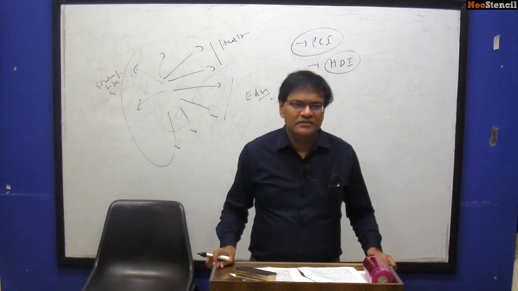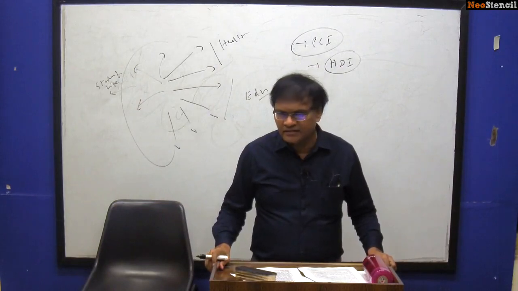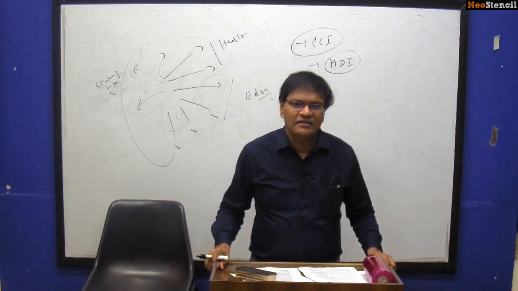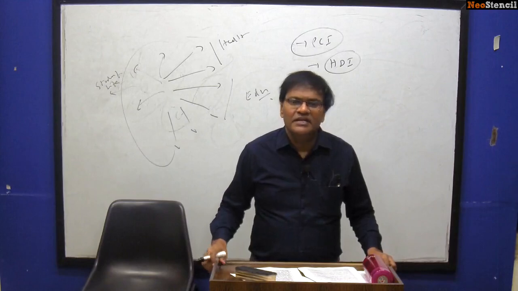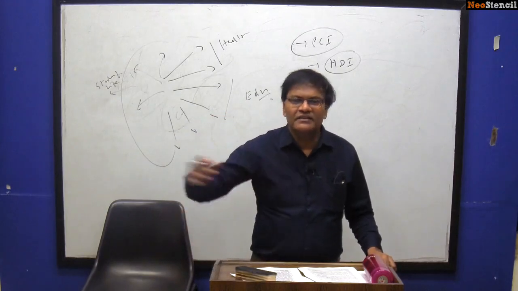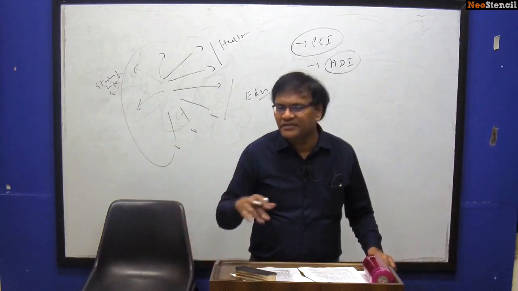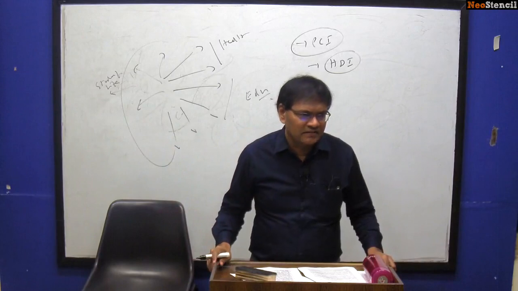In terms of education, the number of schooling years per child and the number of days they have attended the school also. You have attended 5 years of school, it does not mean that you have attended all the 200 days in a year. What happens is the dropout ratio is very high.